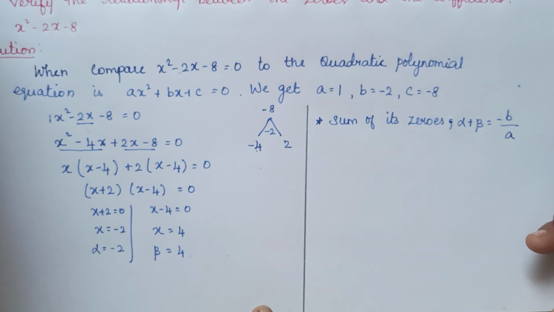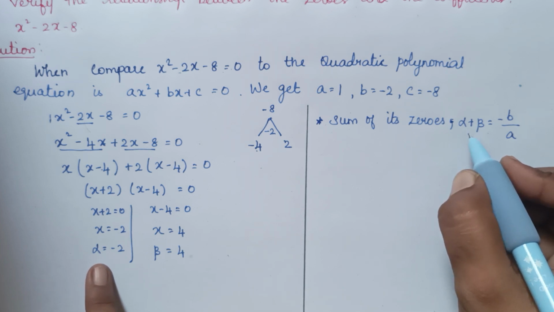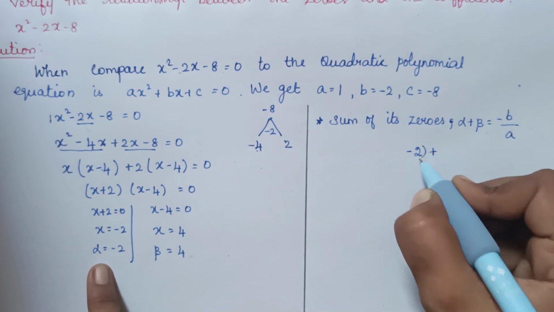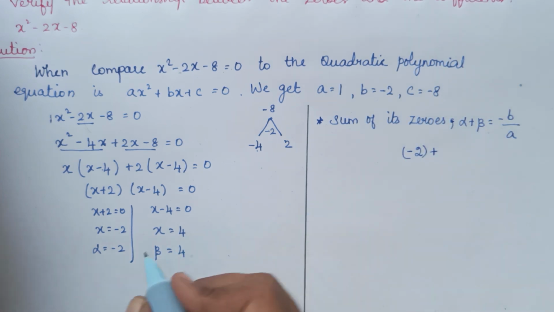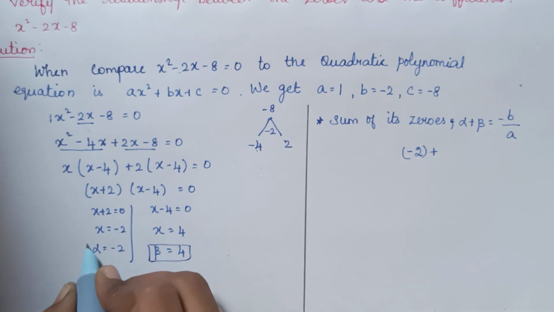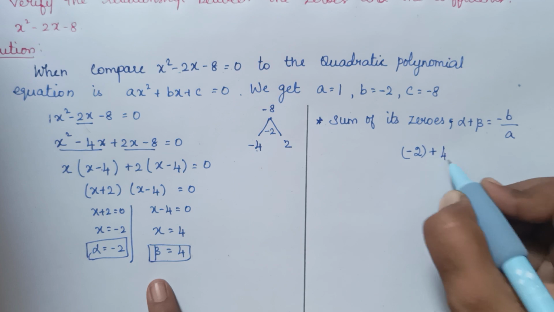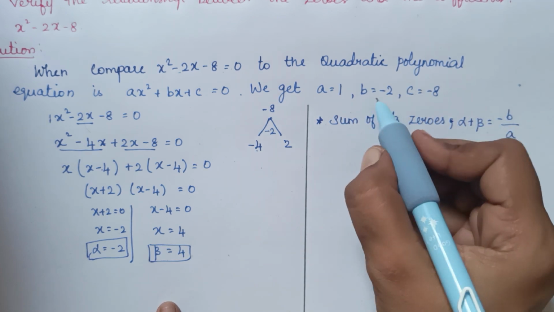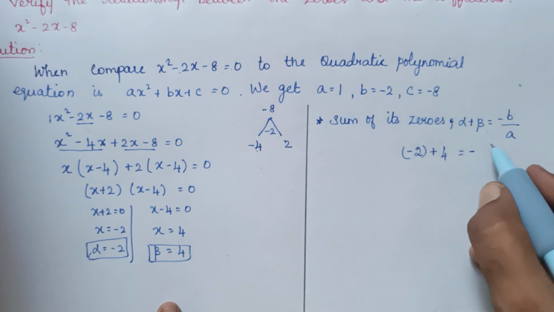We already know that formula. Now alpha is minus 2, and instead of beta we apply beta value 4, so minus 2 plus 4 is equal to minus b by a. We already found the values of a, b, c, and the b value is minus 2.